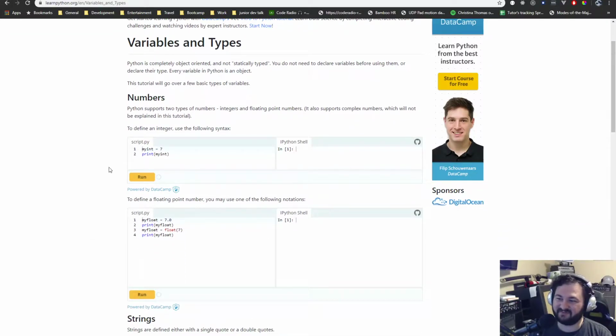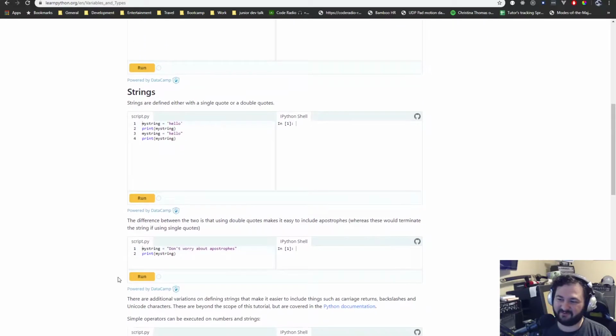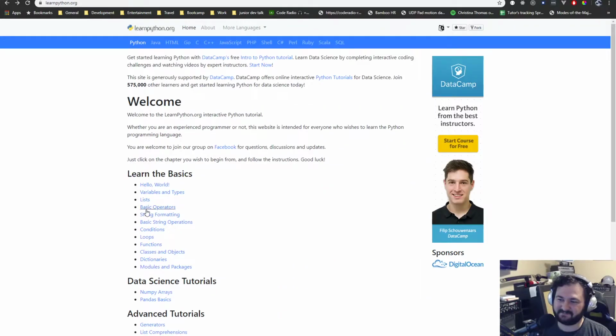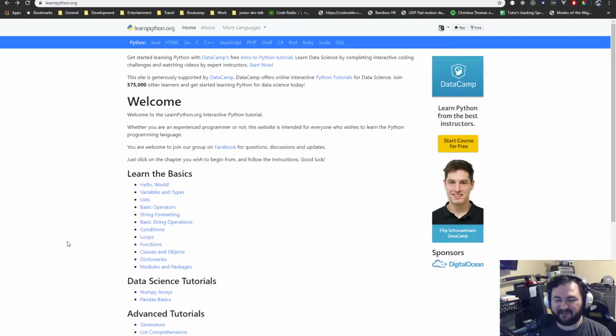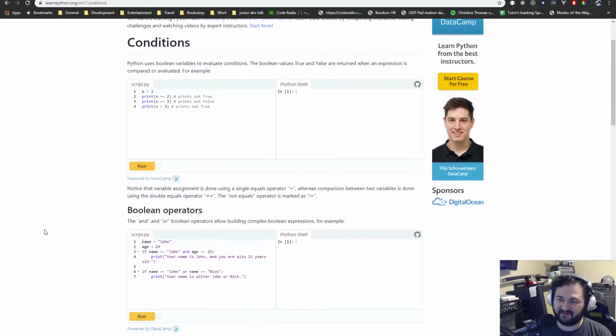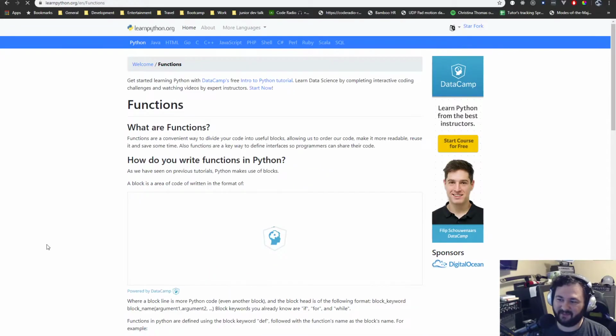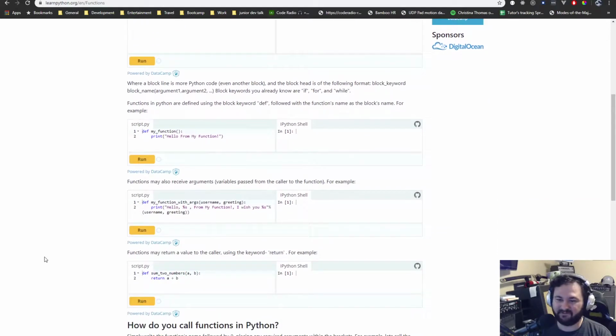Here's the types: a float, an int, a string. Here's basic operations. By the time you get through this, you spend like 15, 20 minutes doing conditionals and whatnot, and maybe you get as far as functions, and you're just totally bored with it. So that was my experience trying to learn Python previously.